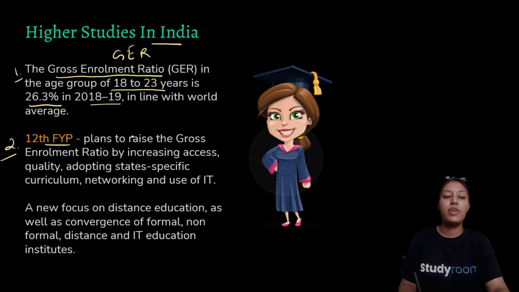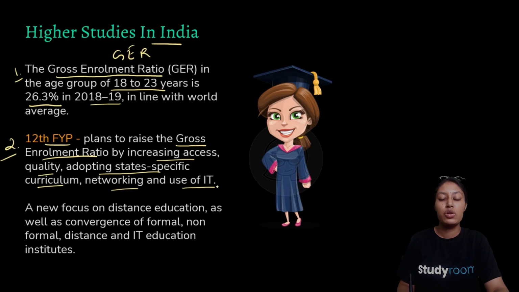Second is the 12th 5-year plan. It was planned to raise the gross enrollment ratio by increasing access, quality, adopting state-specific curriculum, networking, and use of IT.